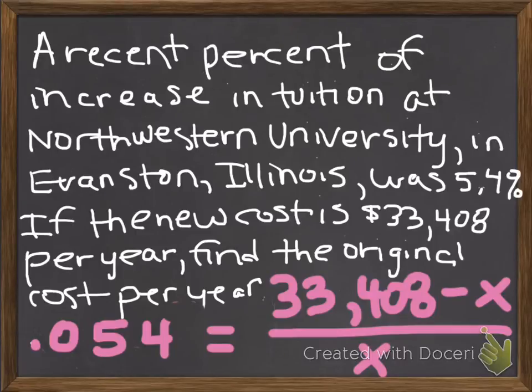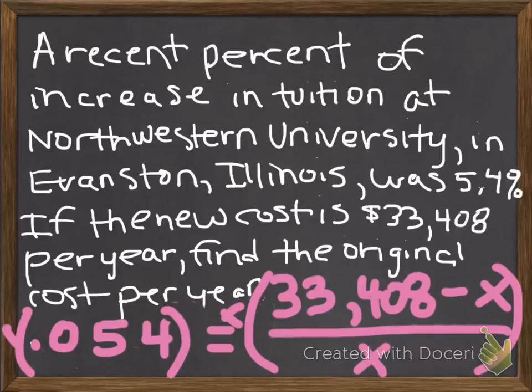So I need to cancel out the x, and I need to move it to the other side so that I have only one x on each side. So I have 33,408 minus x, and I'm going to put that over x, and then I multiply by x on both sides to cancel out the x on the right.